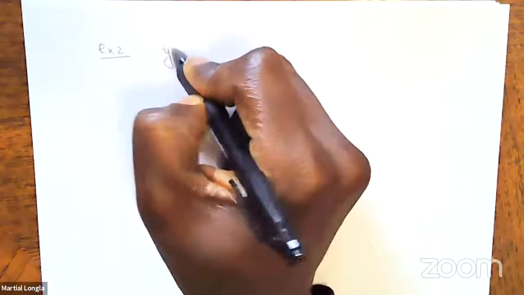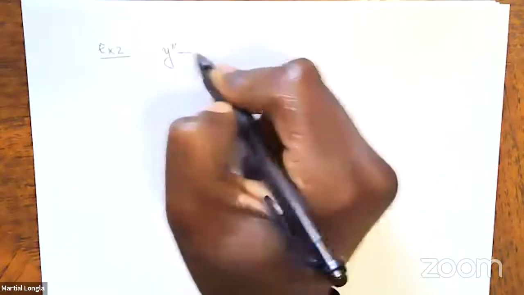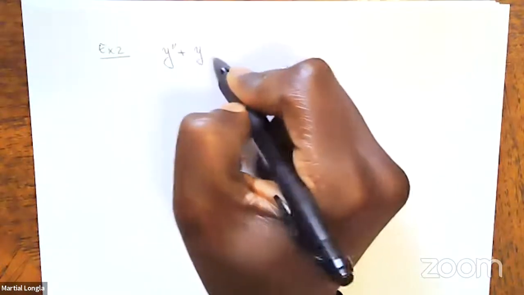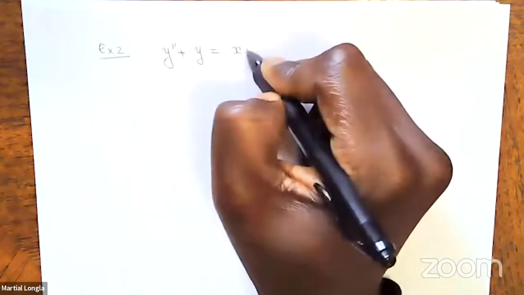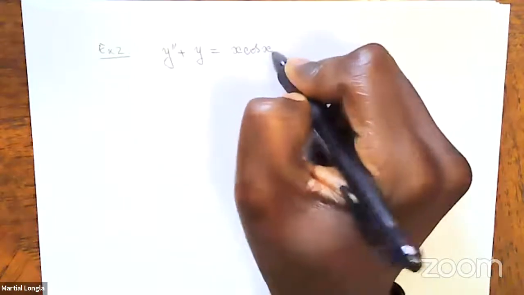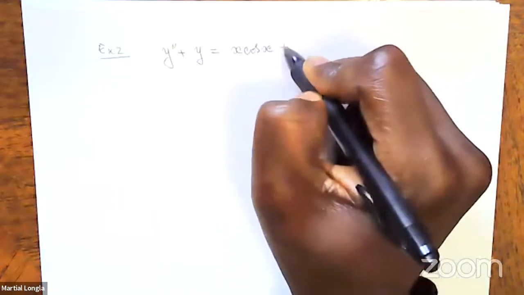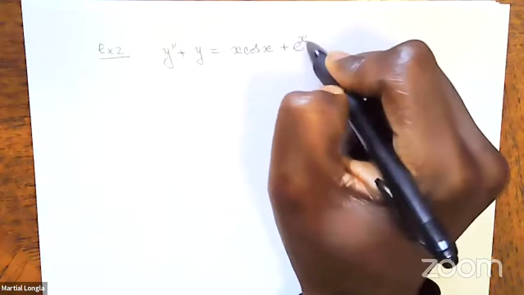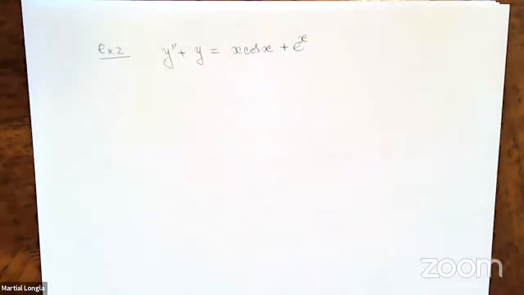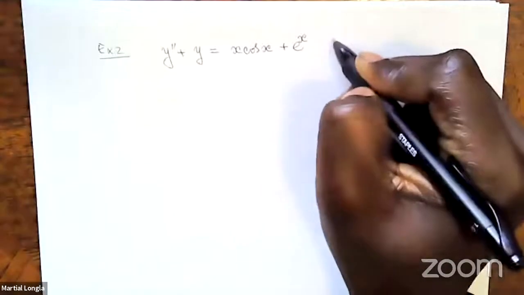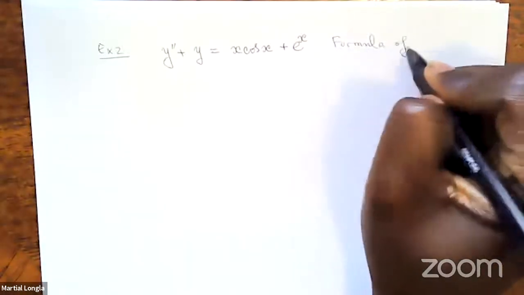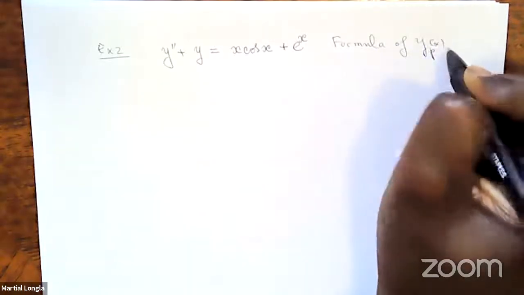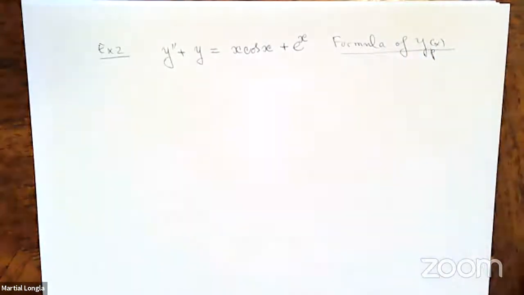Let's say we have second derivative plus y equals x cosine x plus e to the x. And I say, okay, give me the formula for yp of x. So please take a few minutes to work on this.